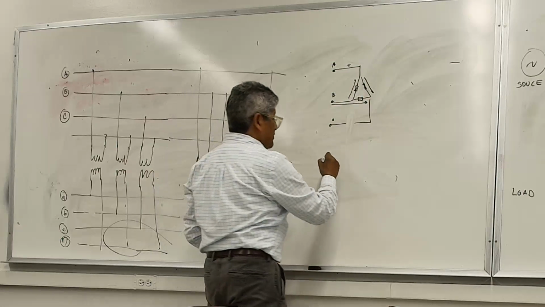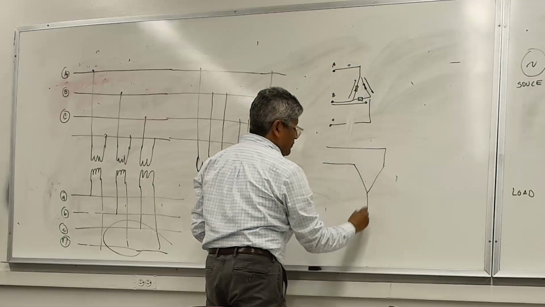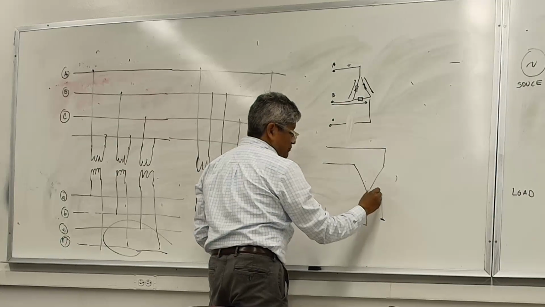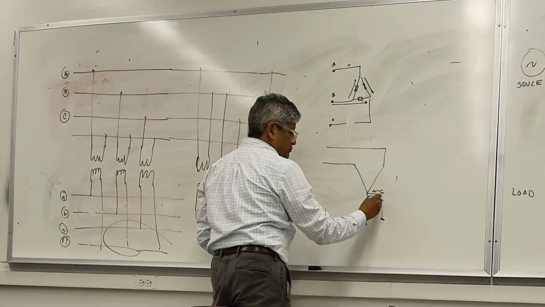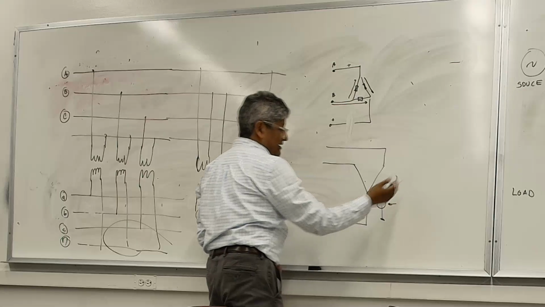Now, if you have a Y connection, I told you some of the advantages of the Y, especially for protection. I don't want to get too much into it, but people like this connection, neutral to ground, because they put a device here to monitor current, and when they see an imbalance, they assume it's a fault.